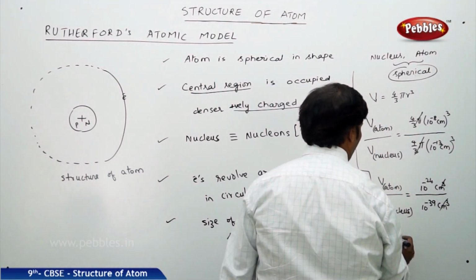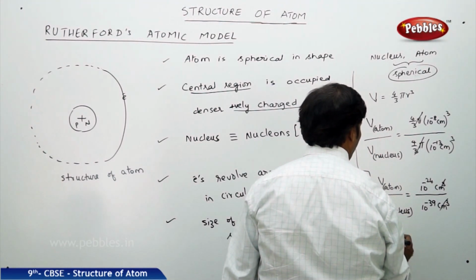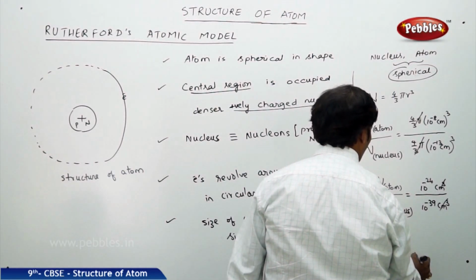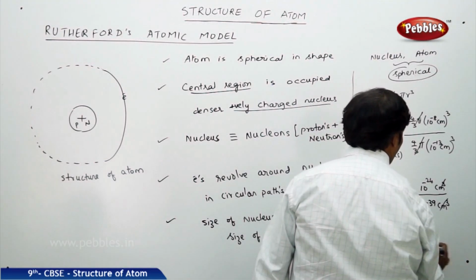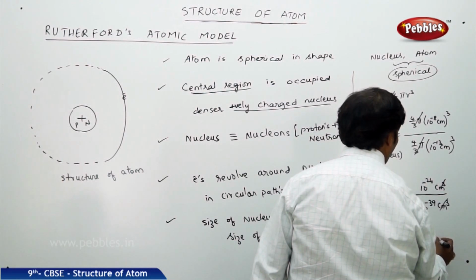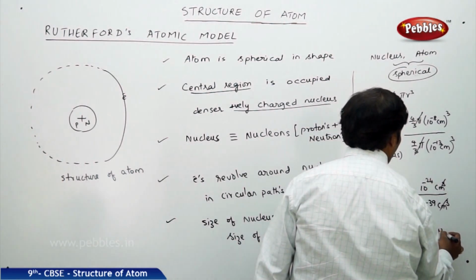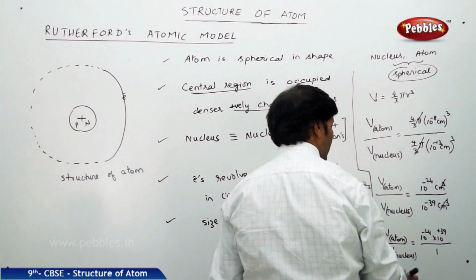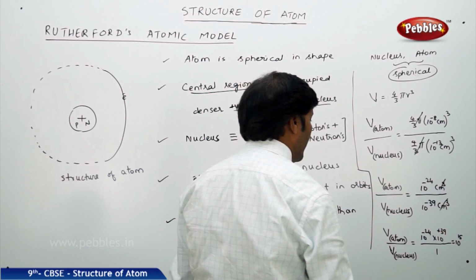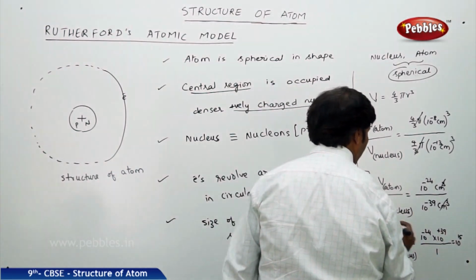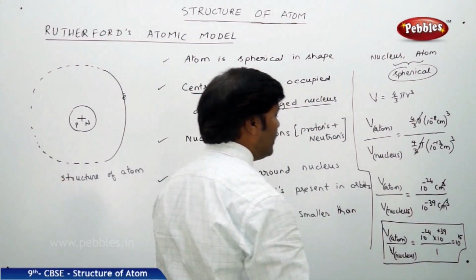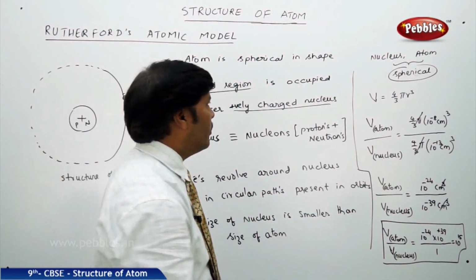Finally, the volume of the atom divided by the volume of nucleus is 10 to the power of -24 into 10 to the power of +39, which becomes 10 to the power of 15. So it is very clear from this observation that the volume of the atom is 10 to the power of 15 times that of the volume of the nucleus.